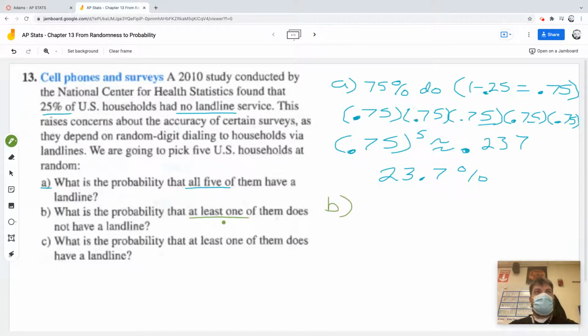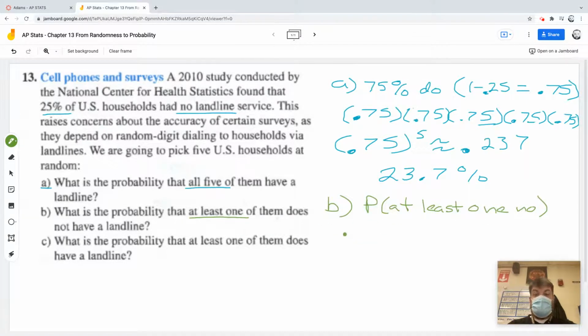There's a couple of ways you could do this. The probability of at least 1 no landline.